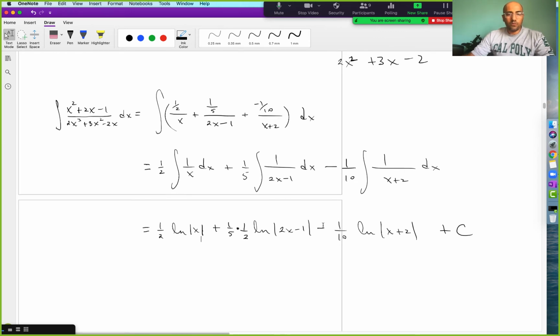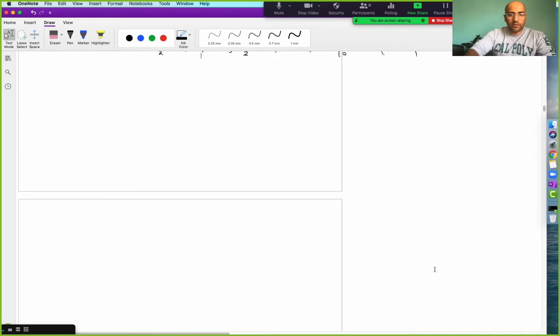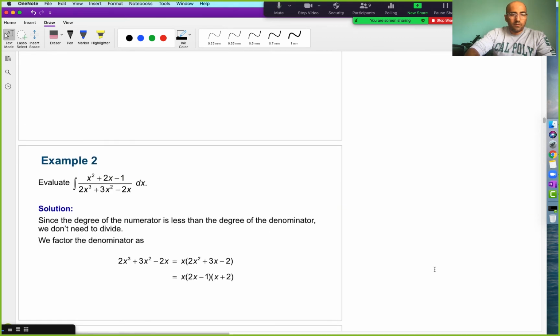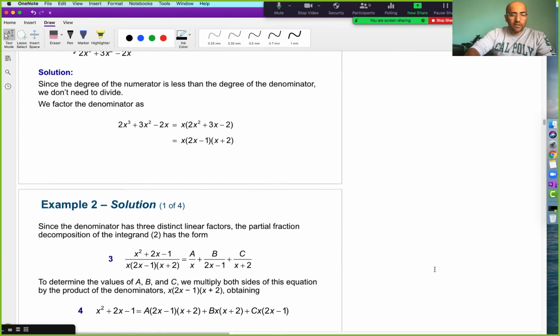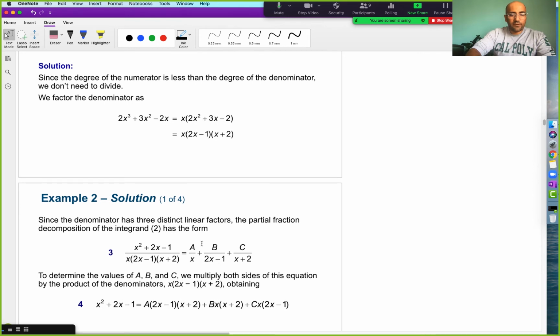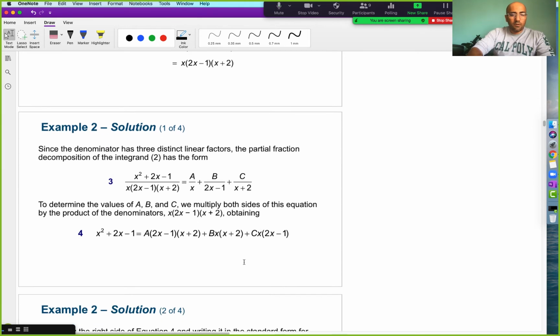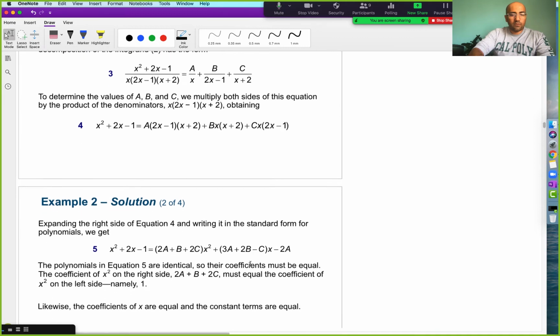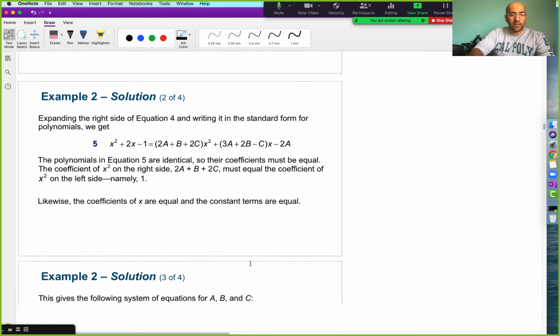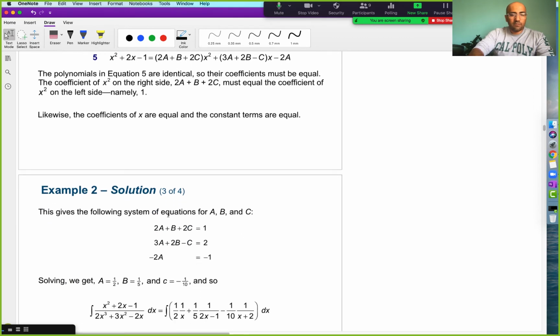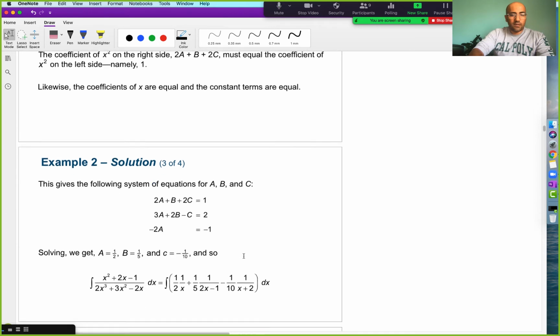No? Okay, let's see if that's what the author did. Factored it, same factors, right? They're linear factors, so we have A, B, C. Good. Multiply both sides by this denominator, and you end up with this. You FOIL out, combine like terms, and you end up with the same system of equations that I got.